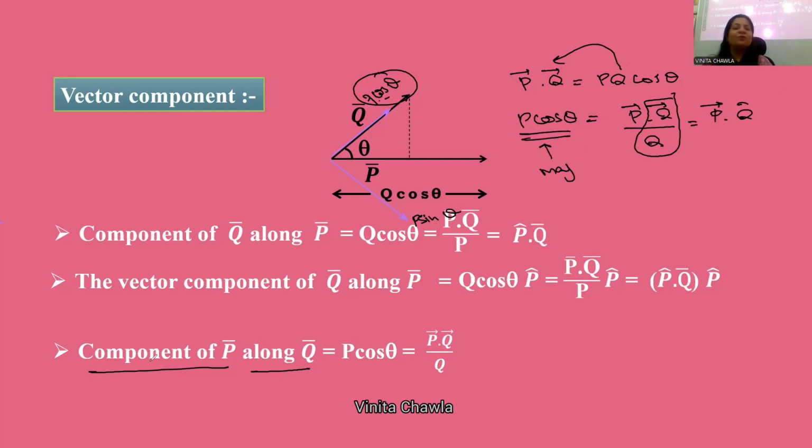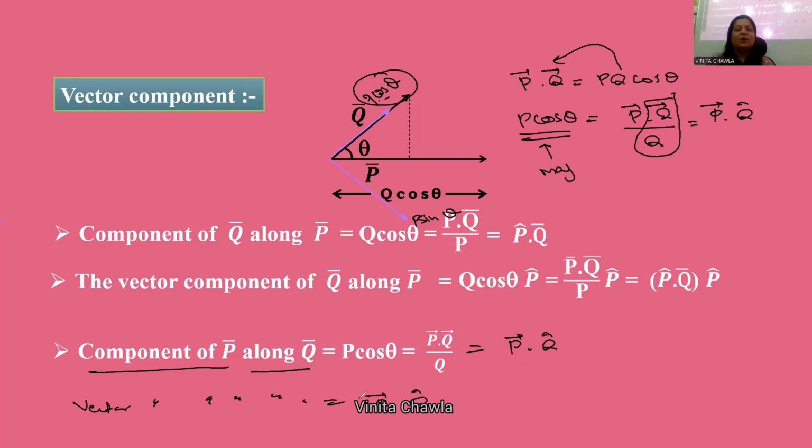What if we have to find vector component of p along q? Then we'll add direction to it. It's vector p dot q cap, right? Then we'll add direction to it, and direction is that of p cos theta and direction of q, they are same, so we can write q cap.